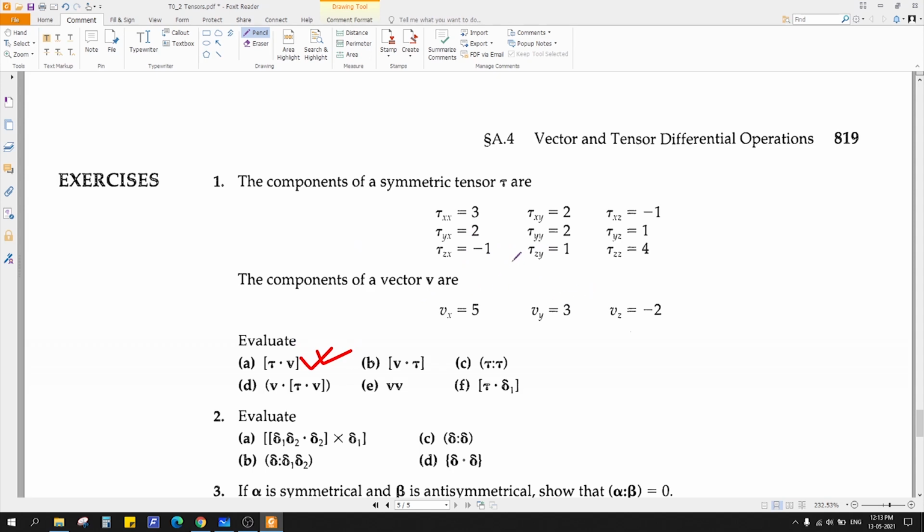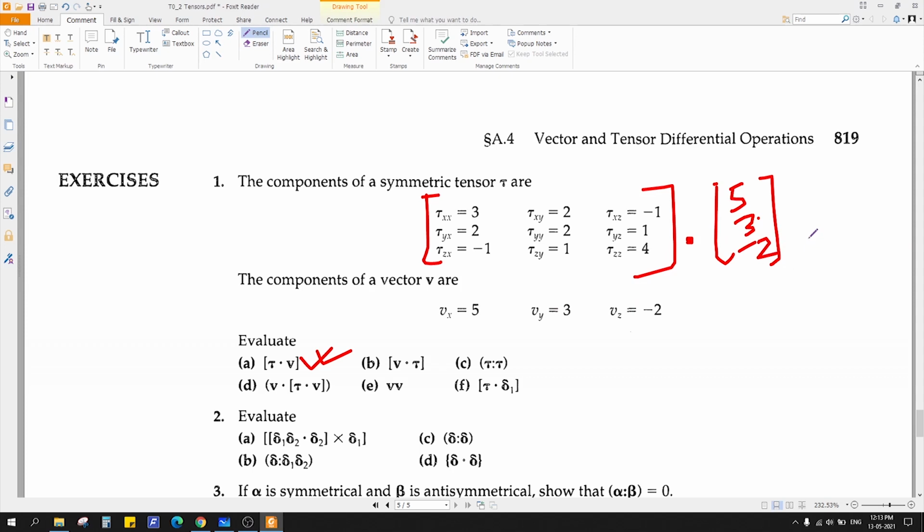So we have a kind of matrix here, right? And we have a vector. We want to do a dot product with the vector, so I will write the vector in column form. We have v1. What is the v1 value? That is vx, that is 5. So the first component is 5, then the second component 3, then this is minus 2.